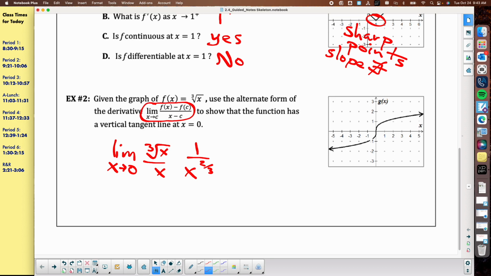So this would essentially show that you have a vertical asymptote in your derivative at 0. That would mean the derivative doesn't exist at 0, and that's what this shows. The derivative doesn't exist, so it is not differentiable at x equals 0.